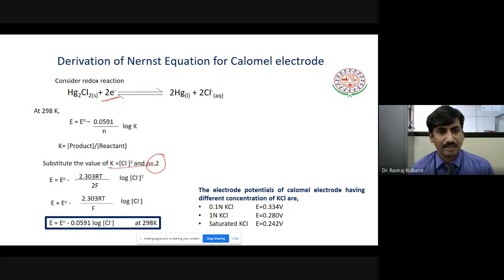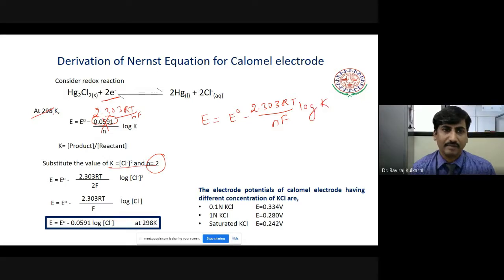E is equal to E naught minus 2.303 RT over nF log K, instead of taking 298 Kelvin. In general, for any temperature. So I can write directly.